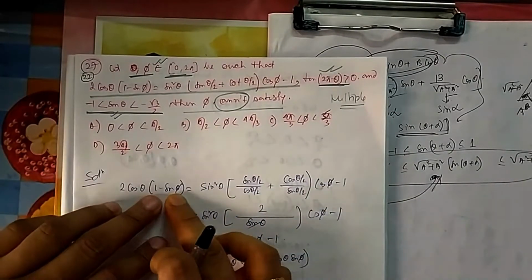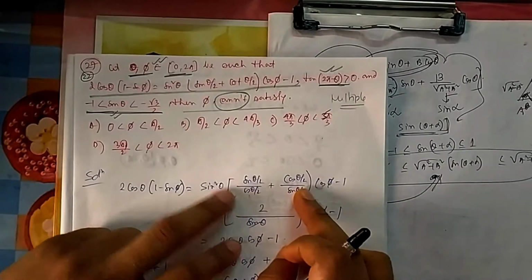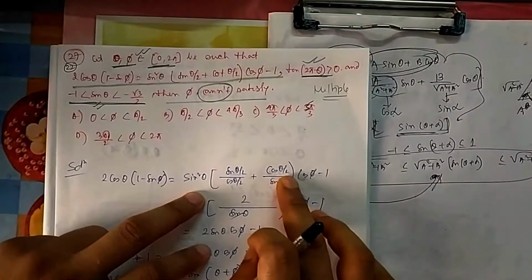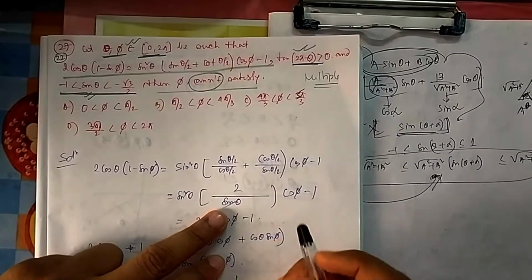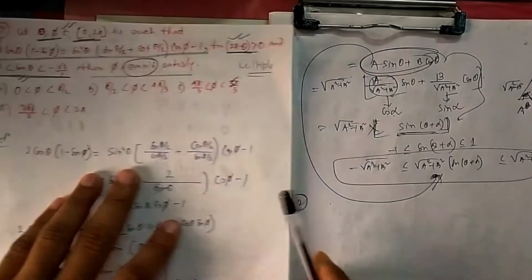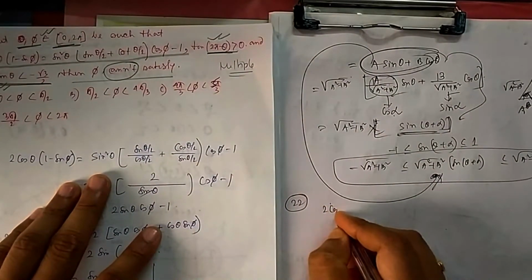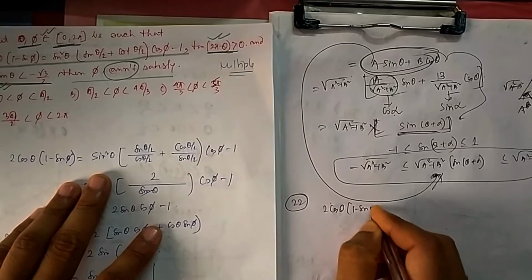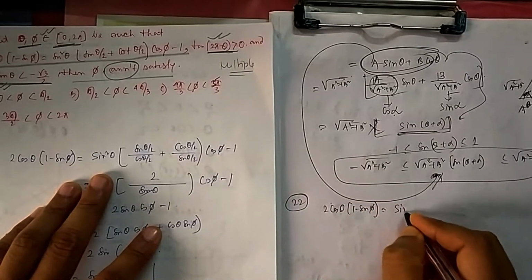Let me convert it into sin and cos because everything is in sin and cos. If you do this, what will it be? Let me do it here: 2 cos theta (1 minus sin phi) over sin square theta.